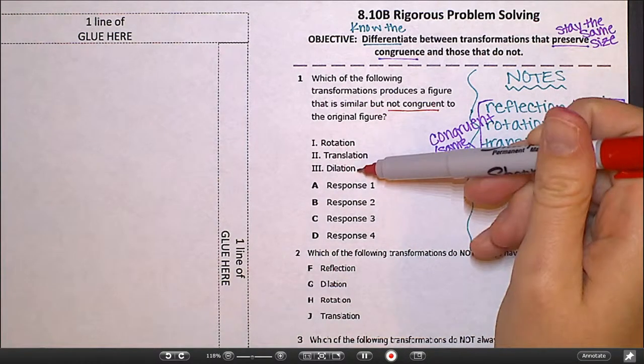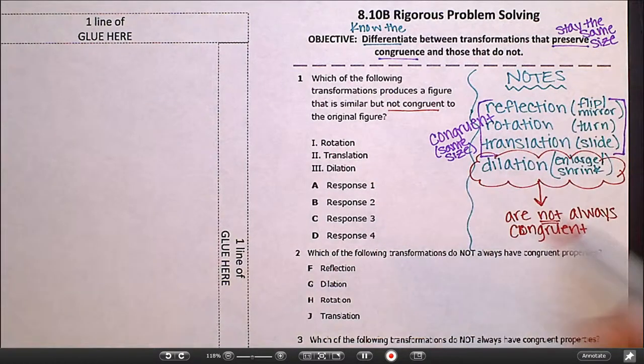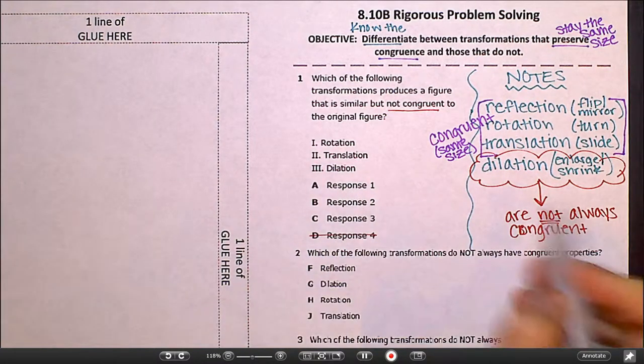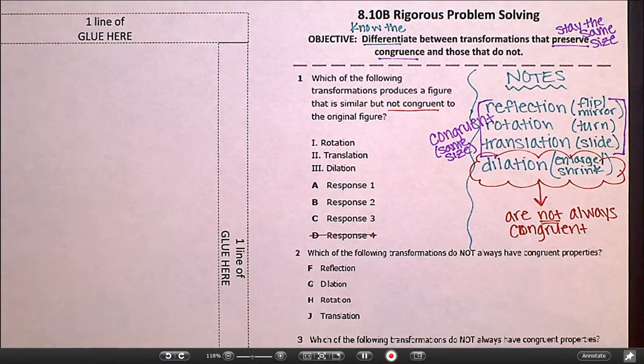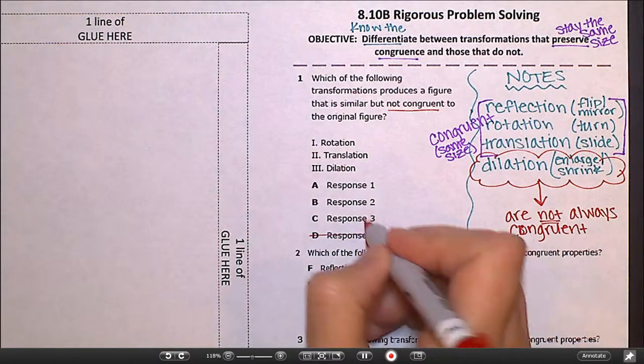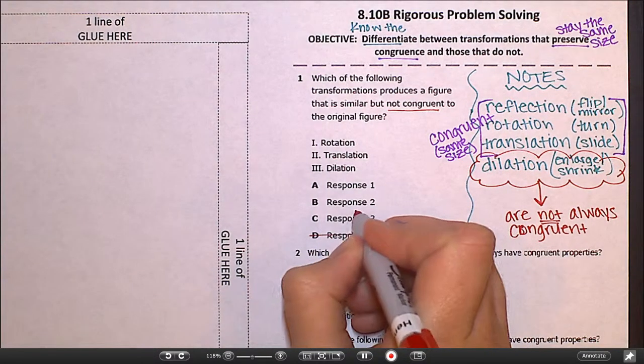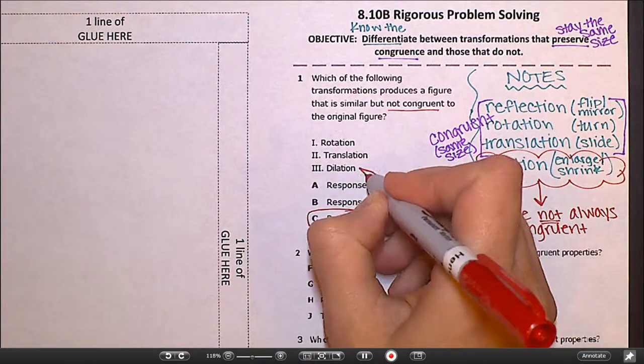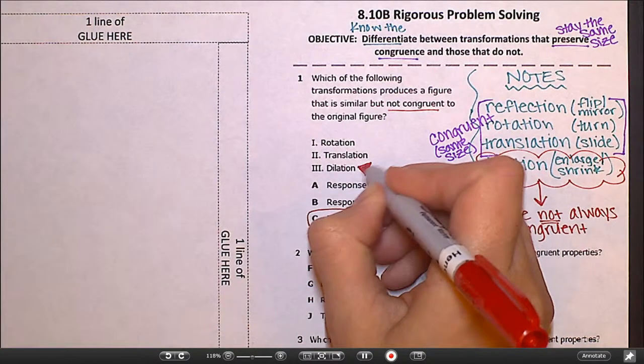Response 3 is this. And we don't even have a response 4, so don't choose that one. So is it a rotation, a translation, or a dilation? We already know that a dilation is the only type of transformation that is not congruent to the original figure. So C, which is this one, would be our dilation. That is our answer.